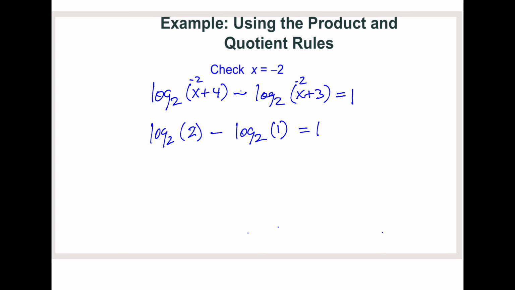And so we're okay here, we have positive numbers in there. That's good. Log base 2 of 2, we know this is 1. And log base 2 of 1 is 0. 2 to the 0 is what gives me 1. 1 minus 0 is 1, so yes, this checks. So x equal to negative 2 is one of my solutions.